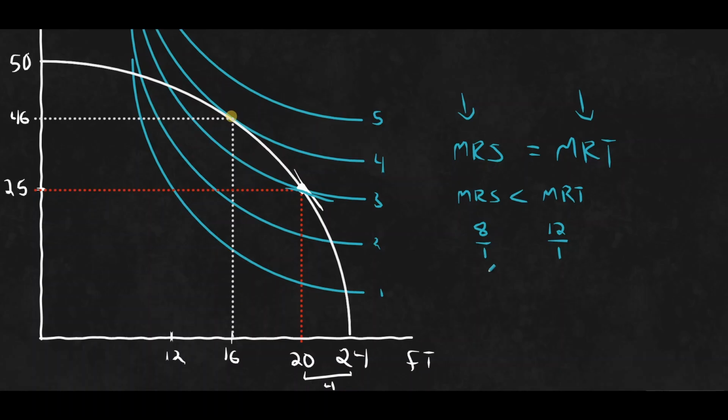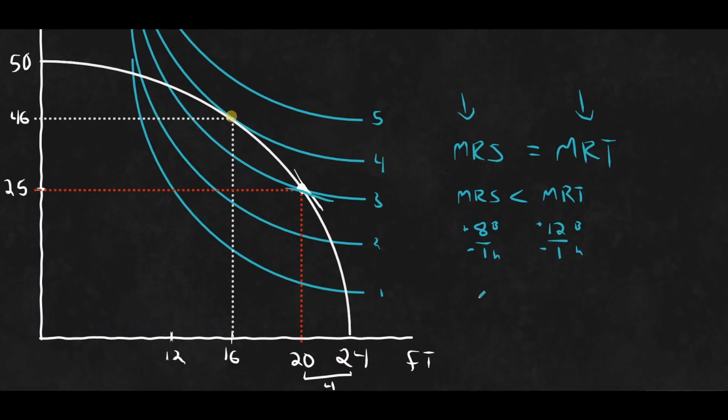Again, what are we talking about? 8 to 1, 12 to 1? We are talking about bushels per hour of free time. And again, these are negative. So that is, they have to have opposite signs across the divisor. So in this case here, let's put positive and negative.